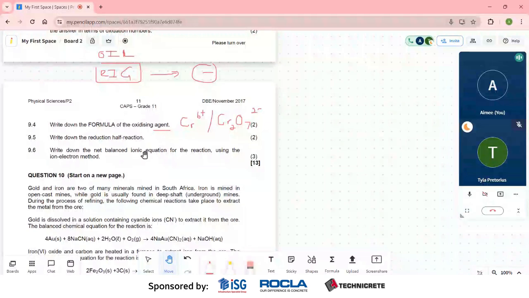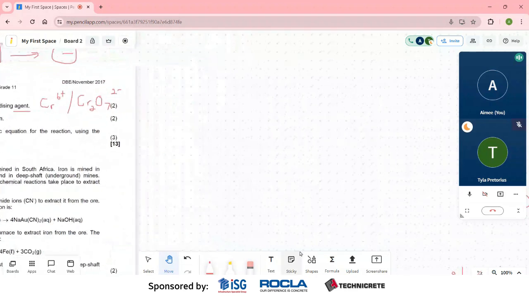Okay, now it says write down the net balanced ionic equation for the reaction using the ion electron method. Okay, so here you're going to have to write down your reduction half reaction and your oxidation half reaction, and you're going to have to balance them.